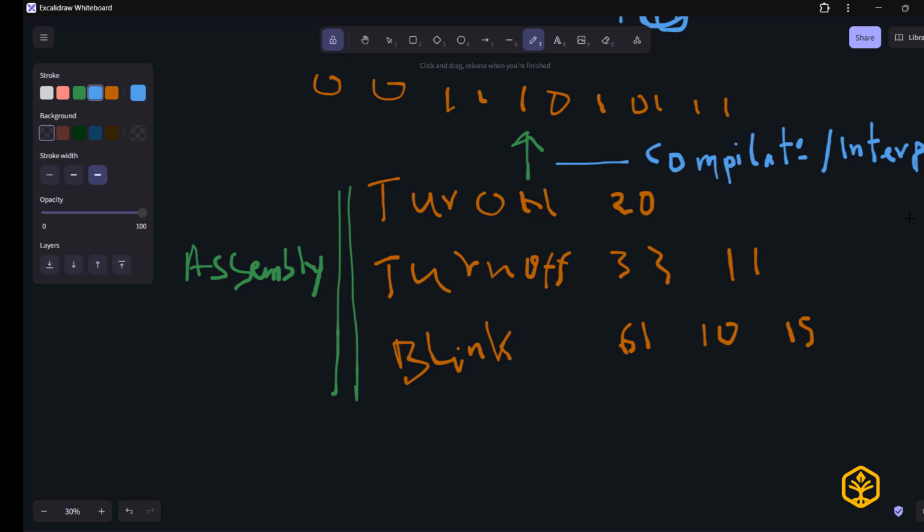And sometimes you might want the computer to keep on doing this repetitively. So for example, in our case, if the program runs, it will turn on the light 20, turn off the light 30, and 33, and then 11, and blink 61, 10, and 15, and then it will stop there.